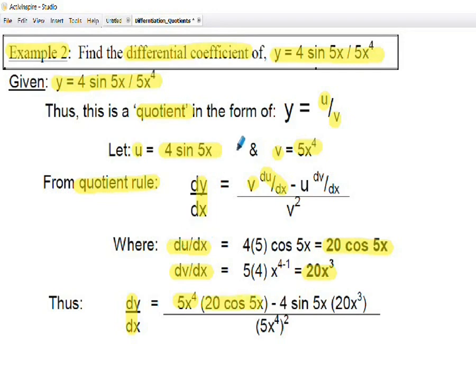And I'm taking away the next expression, which is u, which is 4 sine 5x in my case, and I'm multiplying the u by dv dx, which in this case is 20x cubed. The whole thing is divided by v squared. V in this case is 5x to the 4, and it's going to be squared. So there's my quotient rule applied, and if you like, my differentiation is effectively done here, but I do need to simplify the expression as it's quite messy in that form.